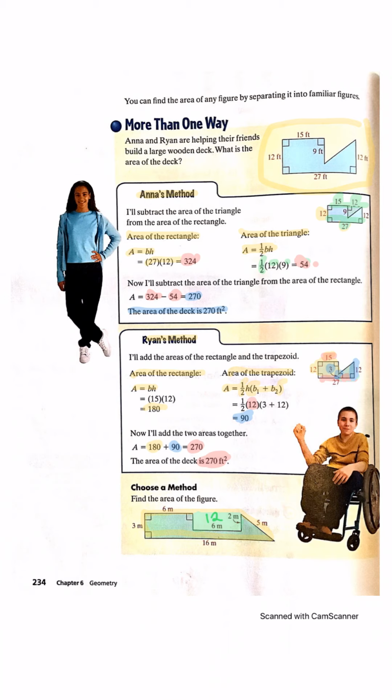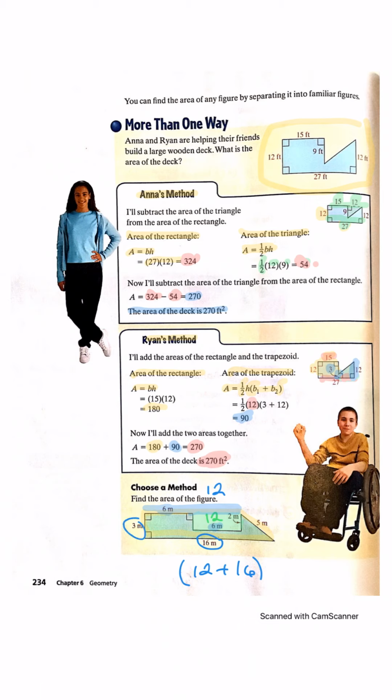So base 1 is actually going to be 6, and then we want to know what this is, and that's 6. So the total for this side is going to be 12. So we have 12 plus, here's base 2, 16.